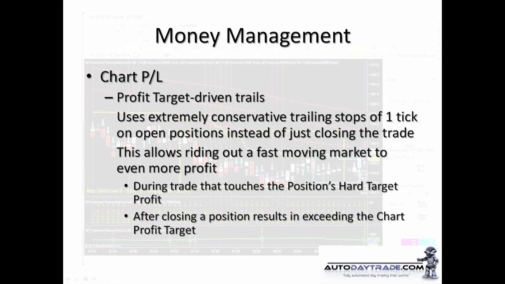Instead of just closing the trade at that point, it bumps the trailing stops up to 1 tick below the current price and keeps it there, so that if the price is shooting up, it actually follows the price up before closing the trade when it takes a break and comes back down. This allows riding out a fast-moving market to even more profit.